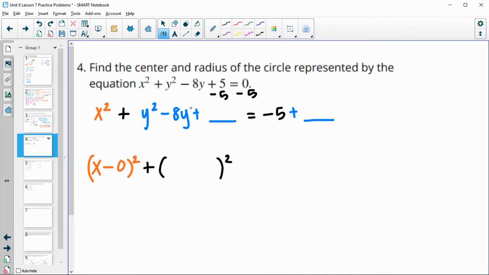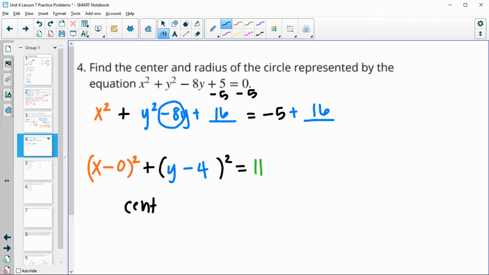And so we will divide this middle term by 2. So -8 divided by 2 gives us -4. -4 squared gives us 16, which we would want to make sure we add to both sides. So then we factored kind of at the same time. And then -5 plus 16 is 11.